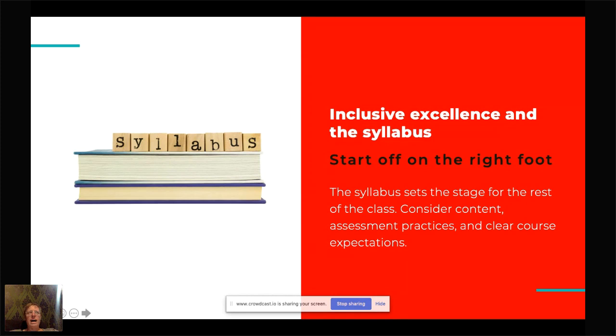So, for example, I have a fairly strict attendance policy simply because a lot of the learning happens in the classroom, in a discussion-based classroom. But I also make it clear on the syllabus that if something comes up that's going to keep you out of class for a long time, and these include things like a chronic illness, depression, social anxiety, childcare issues, something like that, to please get in touch with me so that we can work out a solution.